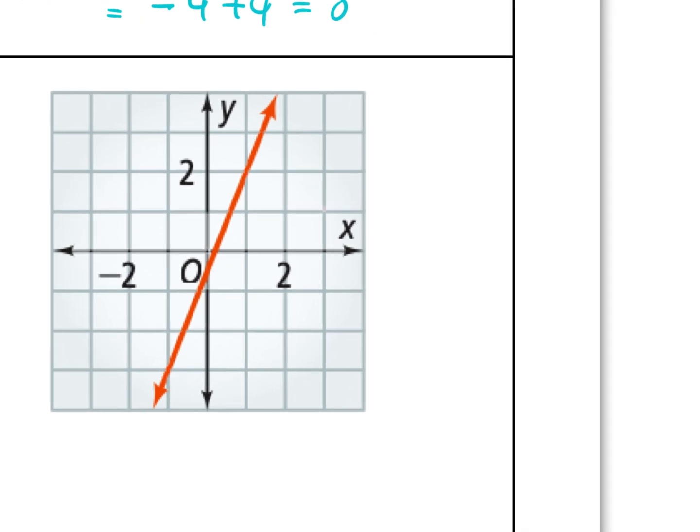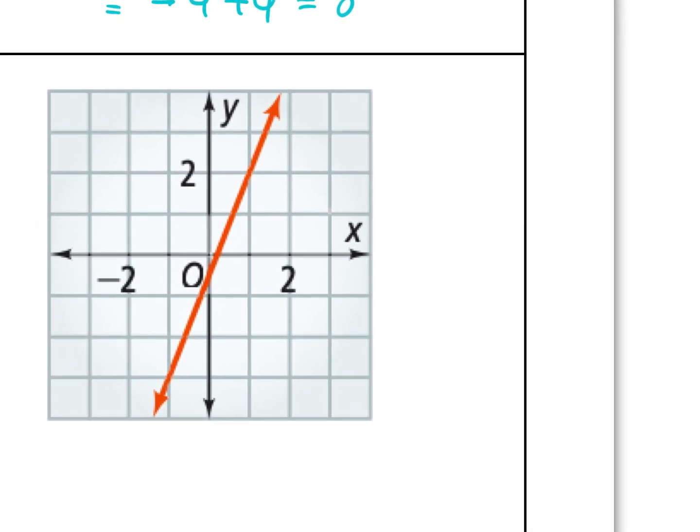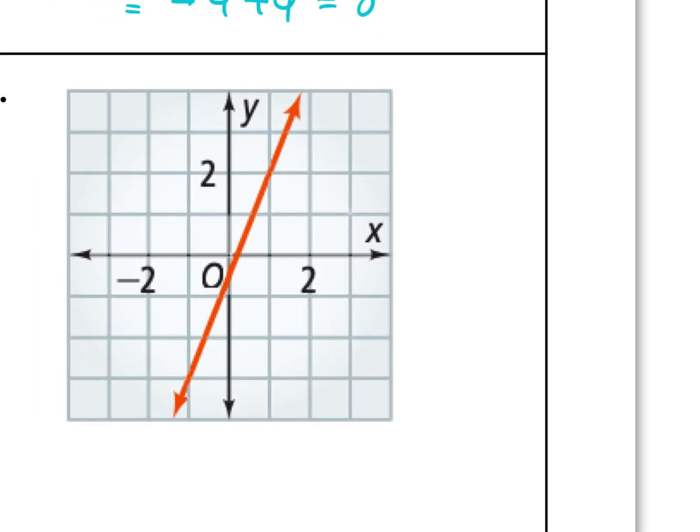Okay, number 14. In number 14, I am not so sure what the value of this is, but I am guessing it's going to be 1/2, because this is 1, so this is going to be 1/2. If we get 2 points here, this point and maybe this point, we can actually get our slope.